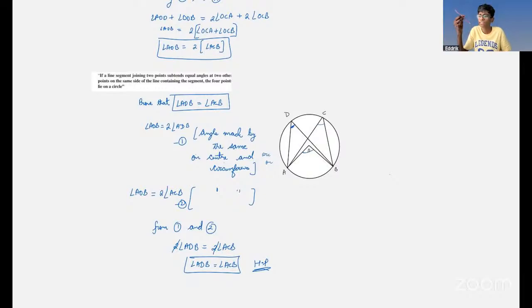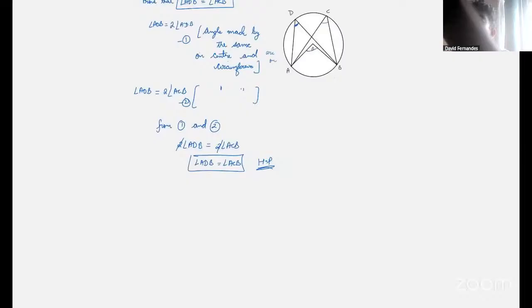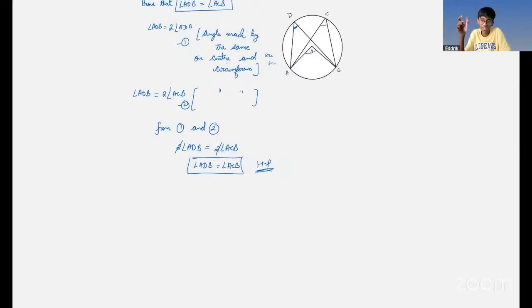And for accounts, both English and accounts portions are getting over this month, right? Yeah. So what chapter is this? Heredity? Chapter number 25.